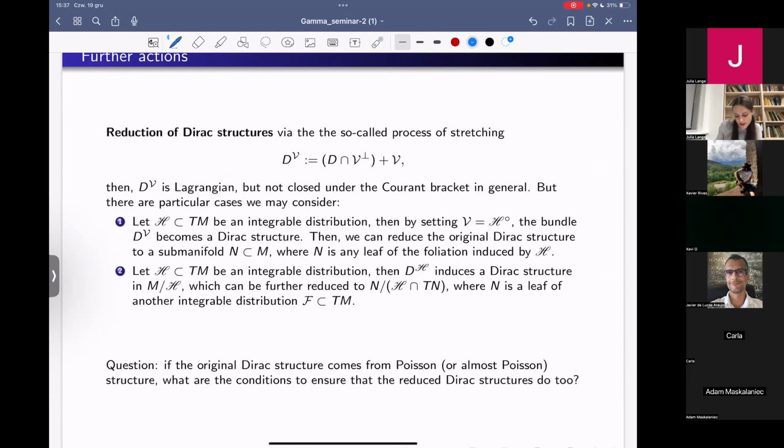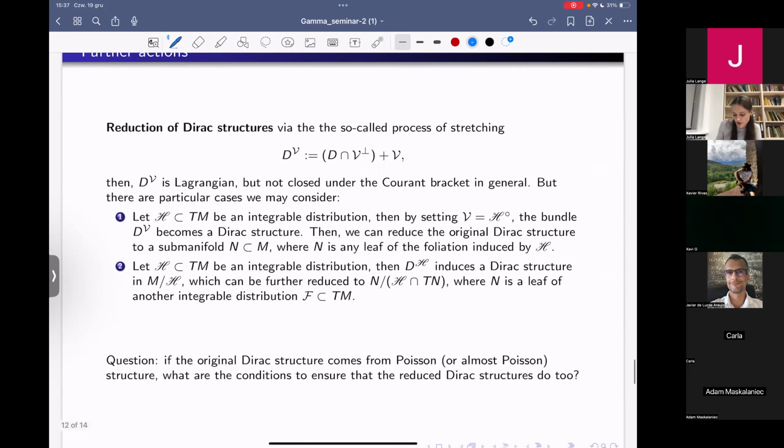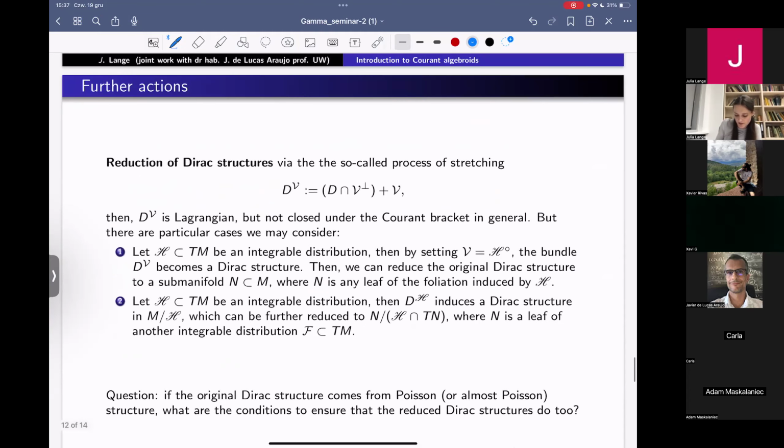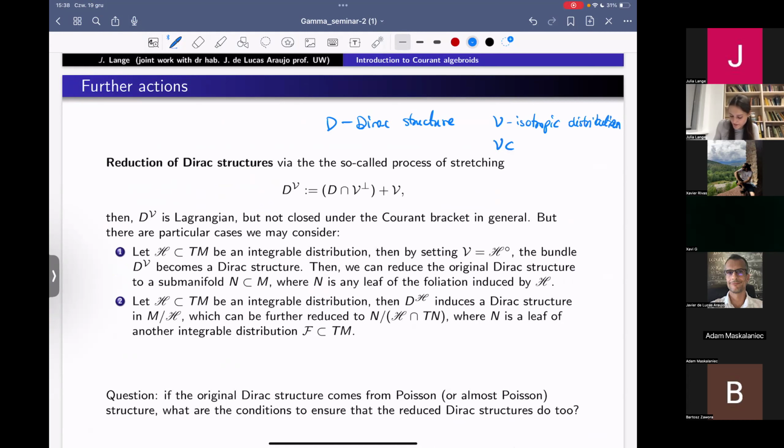So we can consider, whenever we are given some Dirac structure, okay, so D is a Dirac structure, and if we consider some isotropic distribution, so we have that it's included in the orthogonal, and it is a part of our generalized tangent bundle.